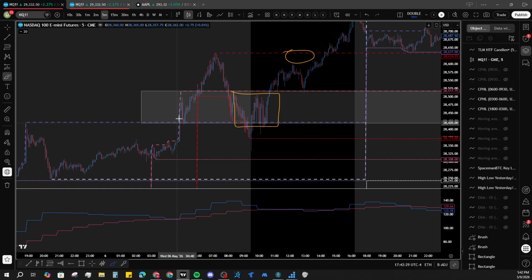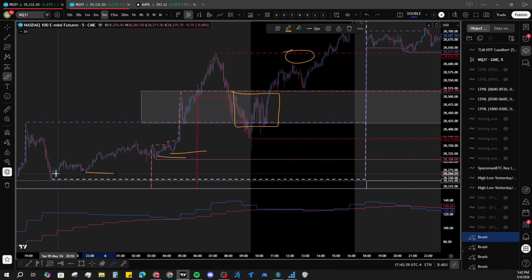Buyers are totally in control here. Sellers can't make another low at all. They're pretty screwed. It's just higher low, higher low, higher low, higher low. They can't make any lower low. So they're just getting their ass kicked.